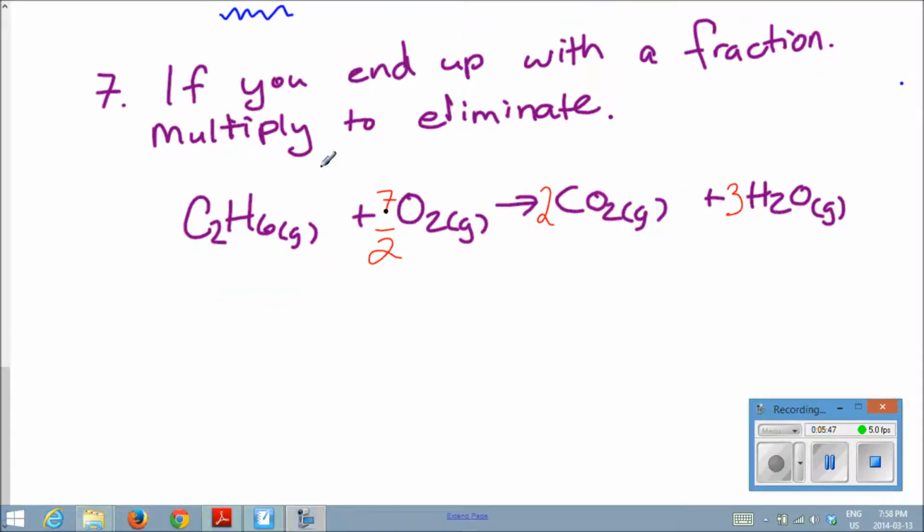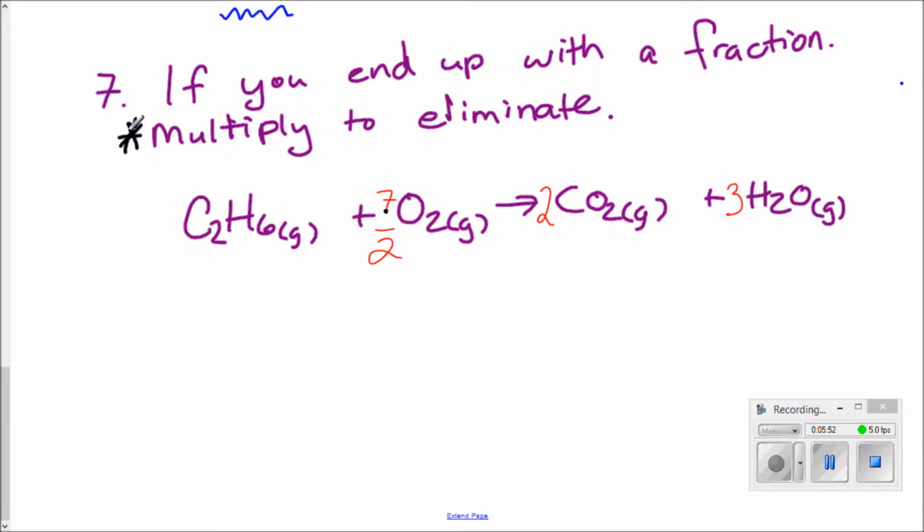Sometimes if you end up with a fraction, you have to multiply to eliminate it. In some special cases when you balance, you actually end up getting a half. Now to eliminate that half, what you have to do is multiply everything by 2, because 2 times 7 is 14, and 14 divided by 2 is 7. So if we multiply everything by 2, we'd have 2 here, 7 here, because 2 times 7 is 14 divided by 2 is 7, and 2 times 2 is 4, and 2 times 3 is 6.